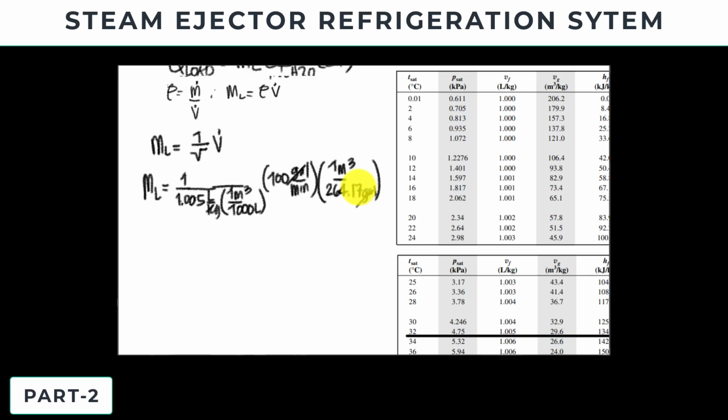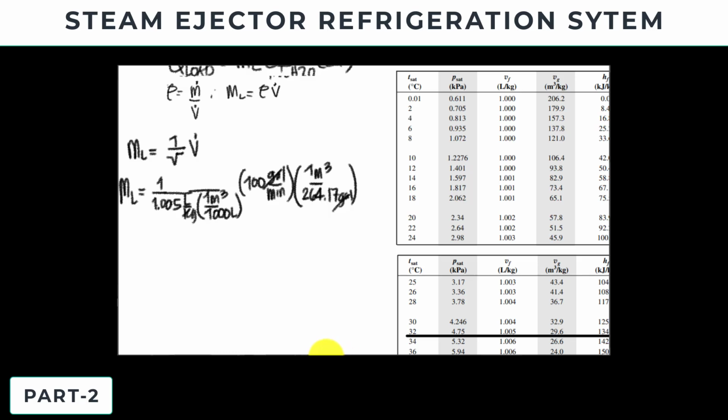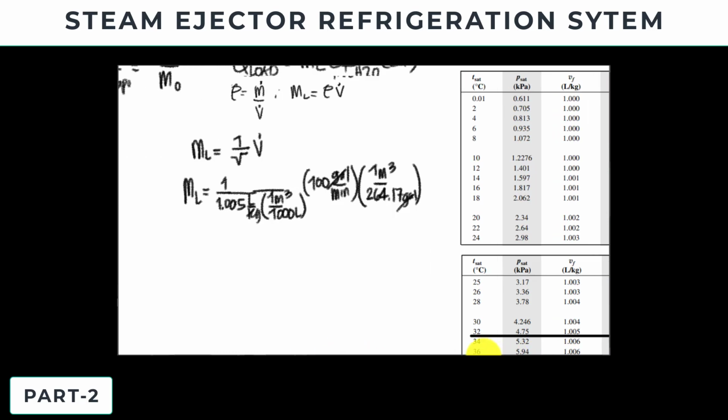So we can cancel this, and we also need to cancel the unit of seconds here. So I'm going to convert the 1 minute to 60 seconds. Okay, so we can cancel this, and we have the mass of load in units of kilogram per second.